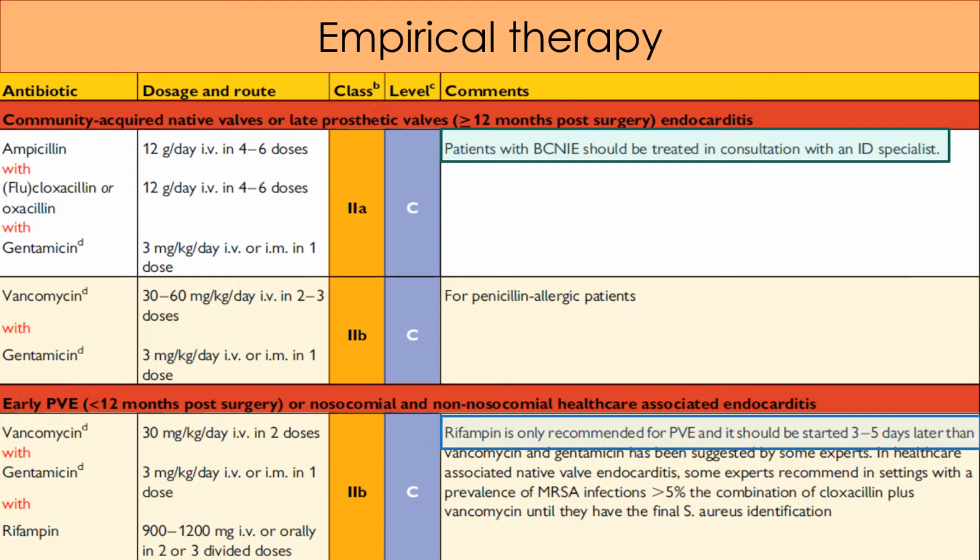Finally, if the culture yields a negative result, you should consult the ID specialist to guess the pathogen, investigate further, and select the appropriate regimen. If the patient has had the prosthetic valve implanted for more than 12 months, you can consider it as native valve. You should use a regimen similar to the community native valve, like this.